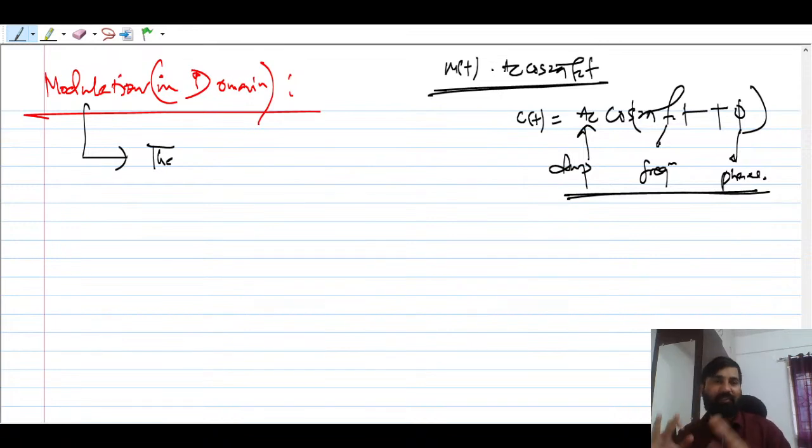A 4-mark question you can obtain from analog, like from FM, one question is certain in the GATE examination, or from amplitude modulation also one question you can expect. Whatever math we are doing, you have to perform in the GATE examination. Don't look at the question and wait for the answer. Whatever instruction is given in the question, you have to perform it. Whatever block diagram is given, you have to follow the flow from input to output.